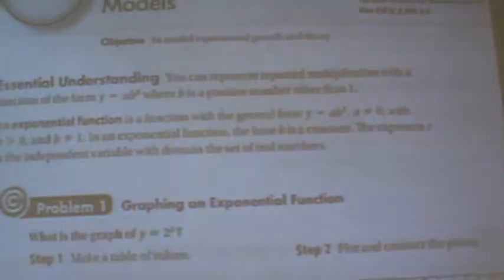I want you to graph this one right here. y is equal to 2 to the x power. First of all, look at this equation. We have two variables, x and y. Where do you notice the x is?